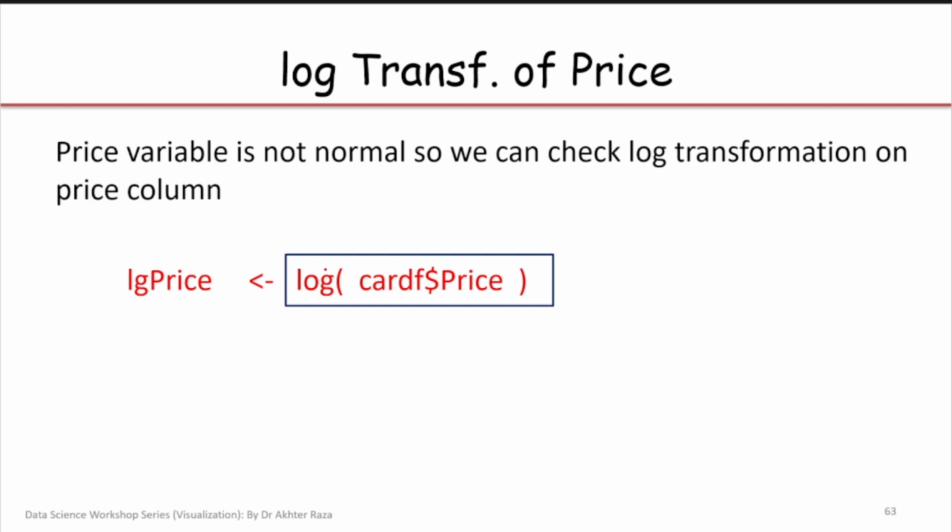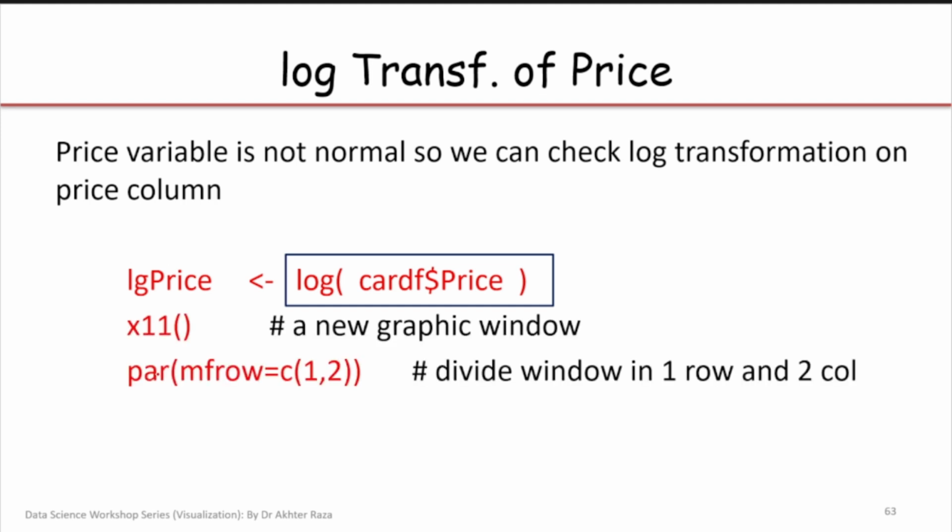It is not a log of base 10, it's a natural log. A new variable is created, and the name of the new variable is LG price. A new graphical window is generated, and the graph is split into two segments: one for the histogram and the other for the boxplot.